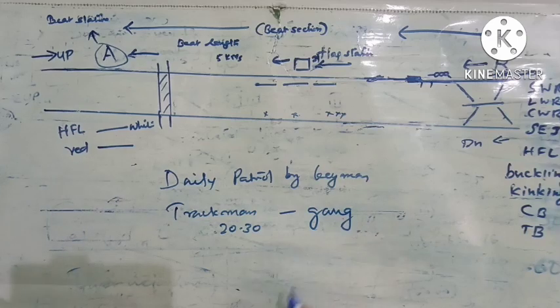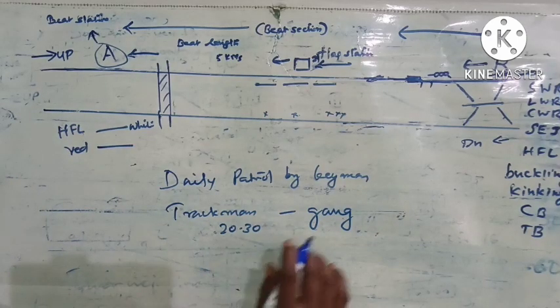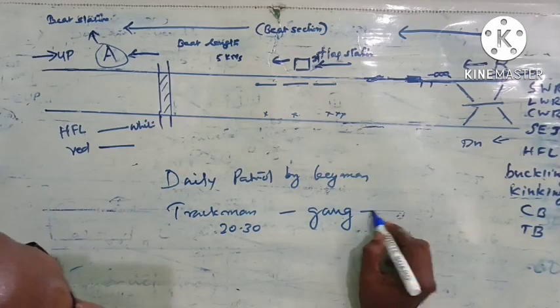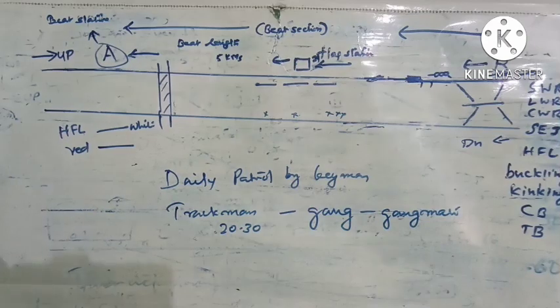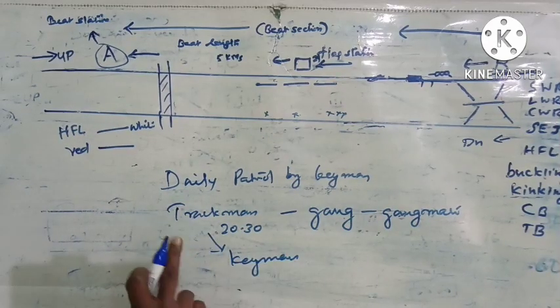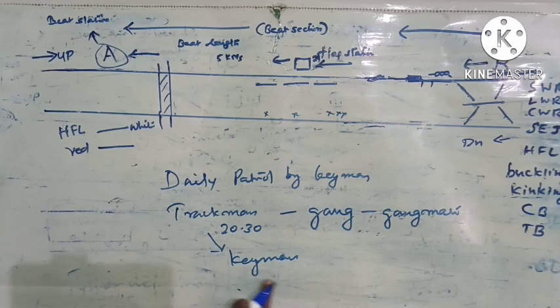This gang of trackmen will have a head, and he is called gangmate. The seniormost person among the trackmen will undertake the duty of keyman. So there will be 1 or 2 keymen in the gang.